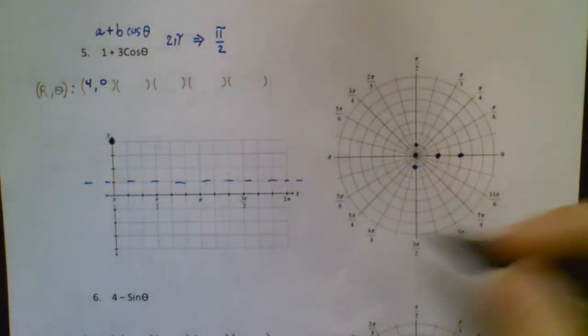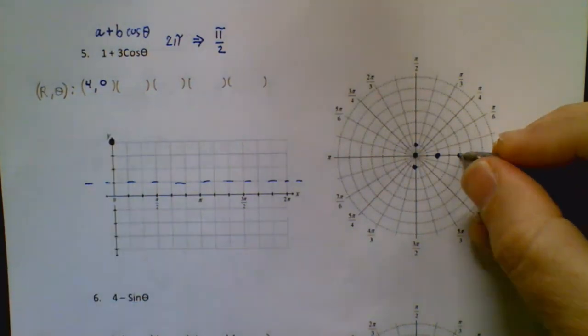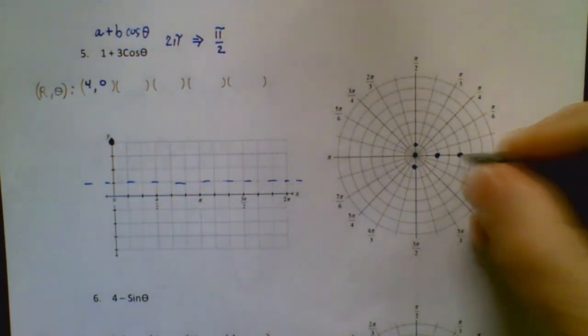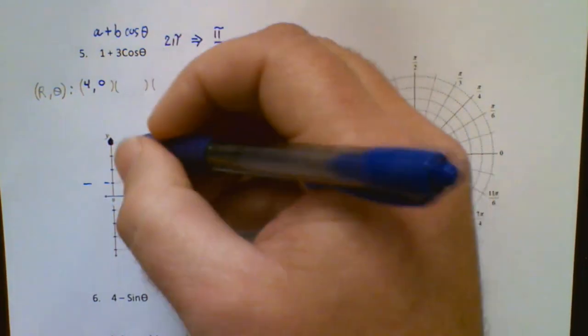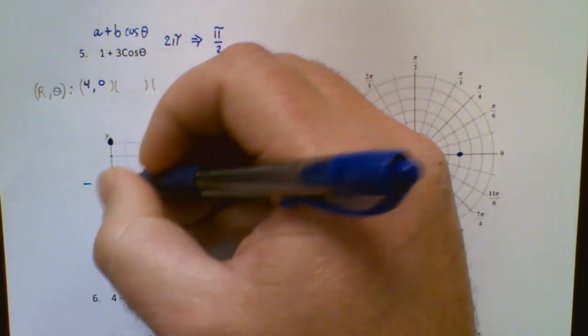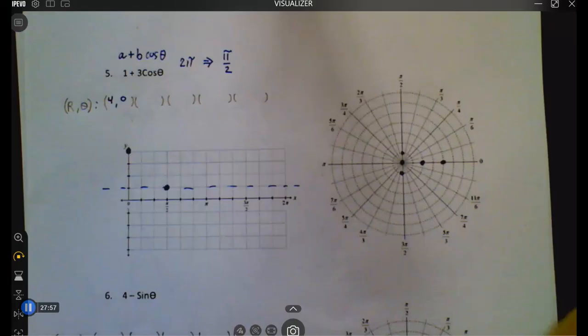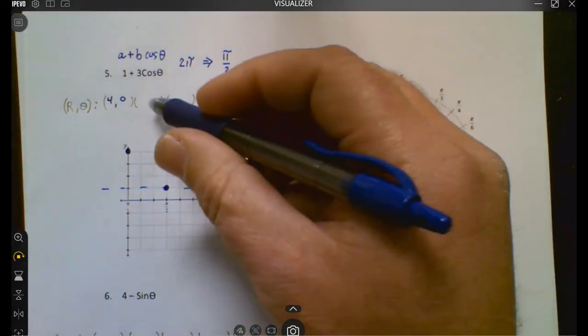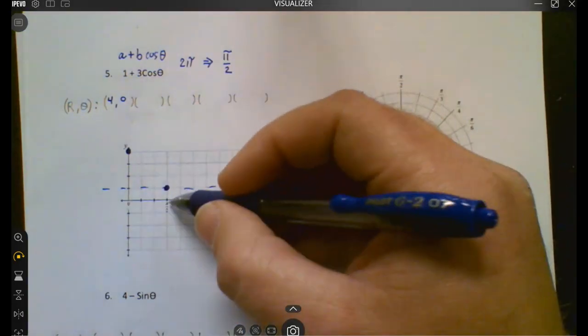So where would this graph begin? It begins at the large radius, at (4, 0). It starts here. Where does it go from there? So from there, we know we're going to go back to the midline. So this guy would be our next point. If we look at that just as an ordered pair, we now have a radius of 1 at pi over 2.